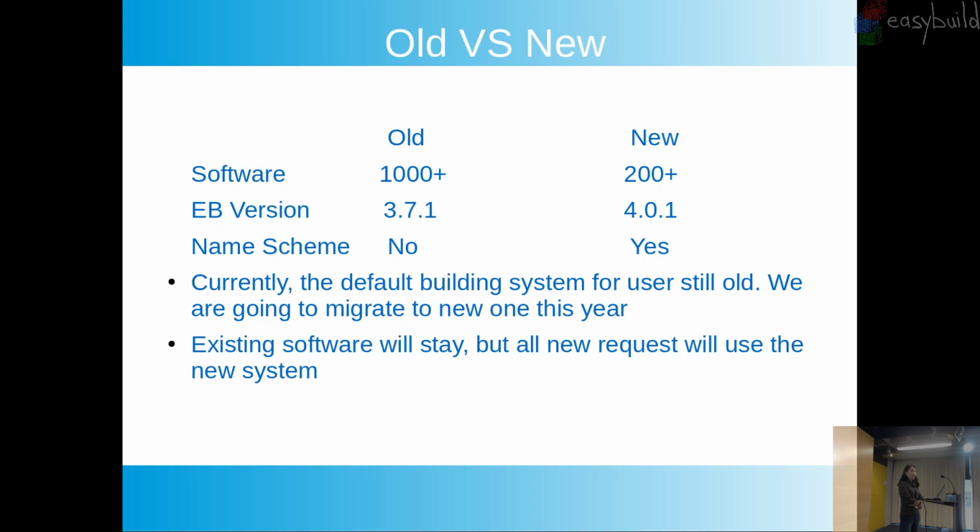Currently, if you log into Spartan, you still see the old structure, because lots of users depend on the old one. For the existing software, we leave it as it is, and for new requests, we install into the new system.